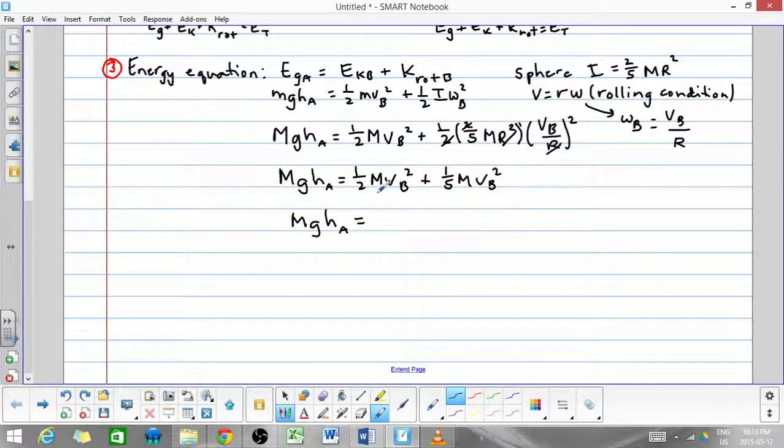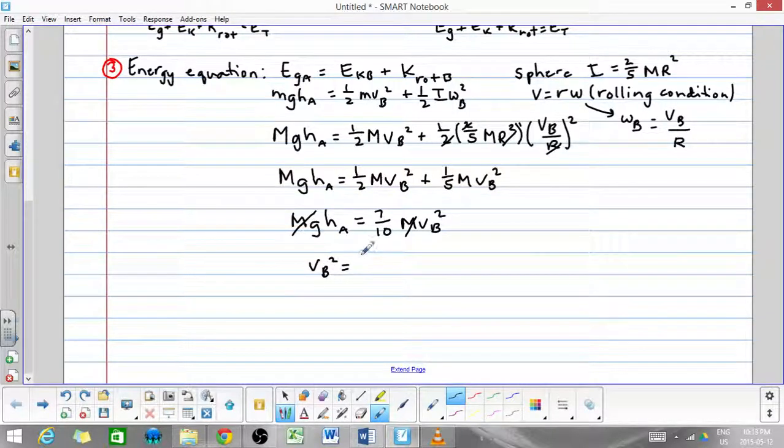And so these are like terms. If you get a common denominator, 5/10 and 2/10 is 7/10 m VB squared. Alright, well, we'd already canceled out our radius of the sphere. You now see that the mass of the sphere is irrelevant also. And now we can solve for VB.